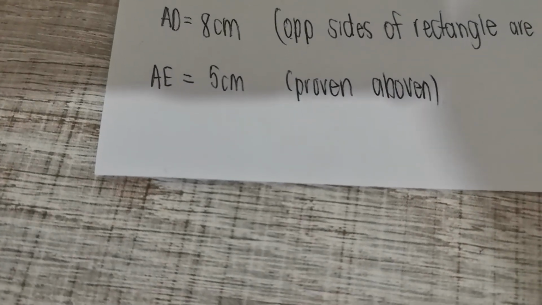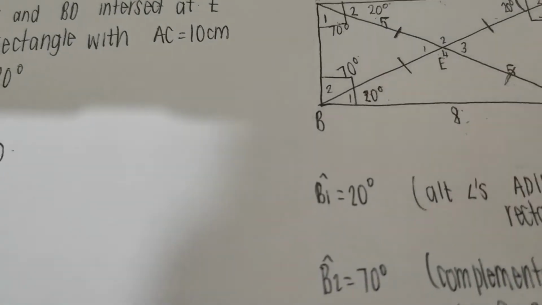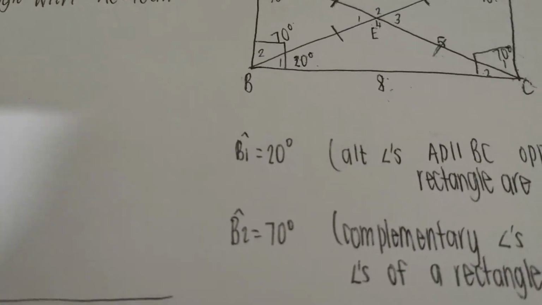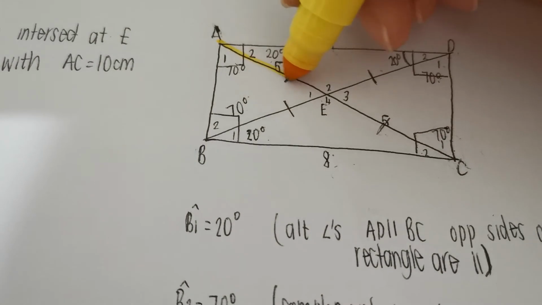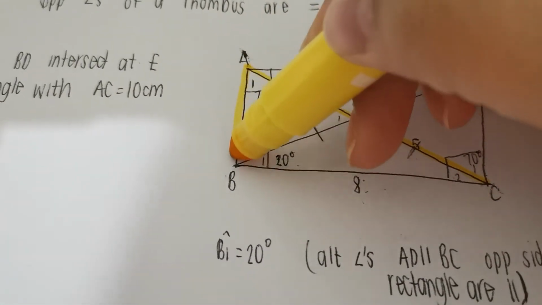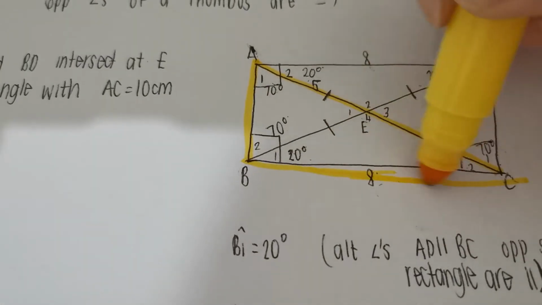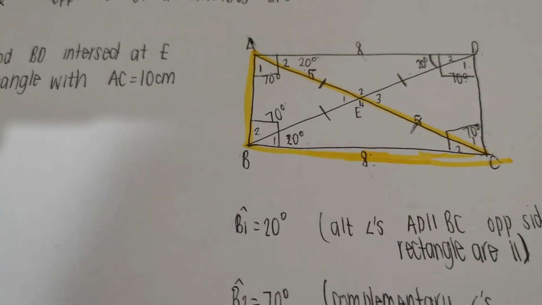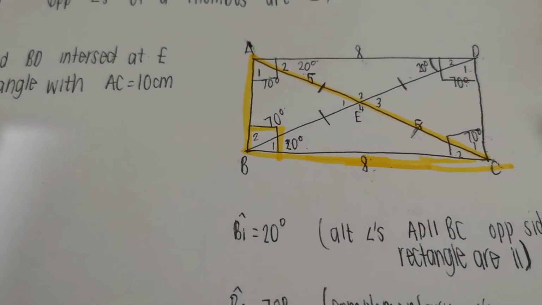And then we need to get AB. Okay, so AB is this one over here. Now to show you that we actually have theorem of Pythagoras. We have this here to be 10. We're looking for this side here, it's unknown, and we have this length over here to be 8. So do you see theorem of Pythagoras with a right angle over there?